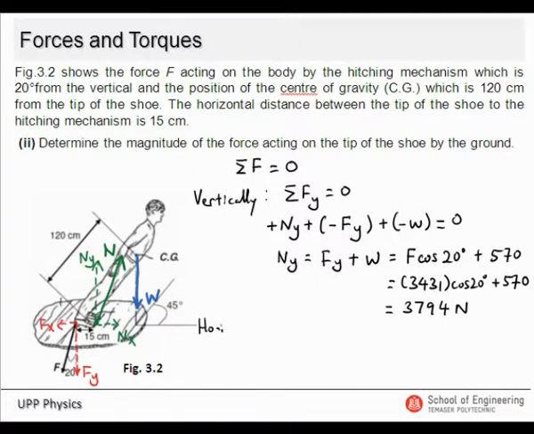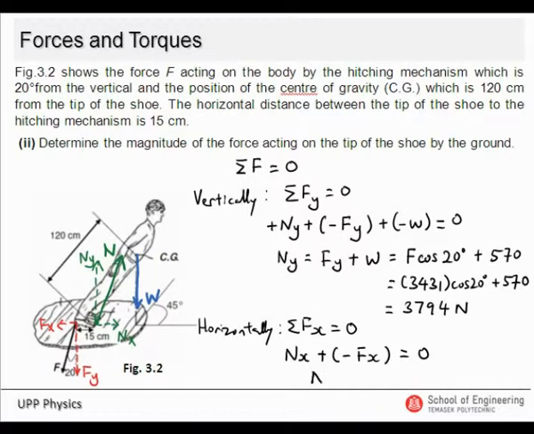So similarly, horizontally, all the horizontal forces must add up to be 0. There are only two horizontal components. So Nx, which is in the positive x direction, plus Fx, I'm sorry, it should be Fx, in the negative direction, equal to 0.